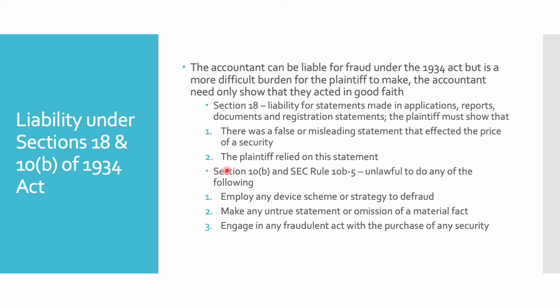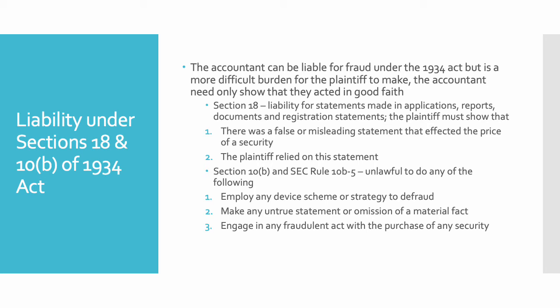Section 10b, and the SEC has mirrored that in SEC Rule 10b-5. This is your device intended to defraud the investing public. So it is illegal to employ any device, scheme, or strategy to defraud the investing public, to make any untrue statement or omission of material fact, or to engage in any fraudulent act with the purchase of any security.